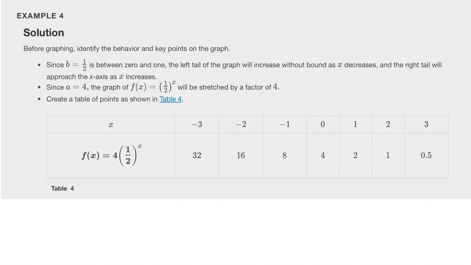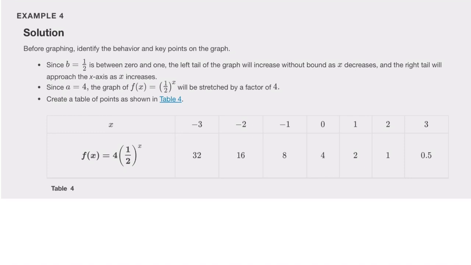So before graphing, identify the behavior and key points. Yep. Since the base is 1/2, which is between 0 and 1, the left tail of the graph will increase without bound as x decreases, and the right tail will approach the x-axis as x increases. In other words, it's saying we have exponential decay.